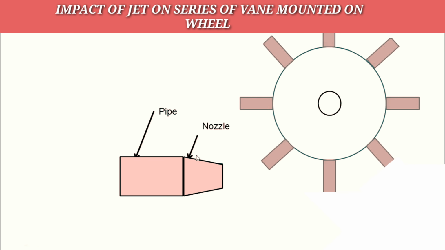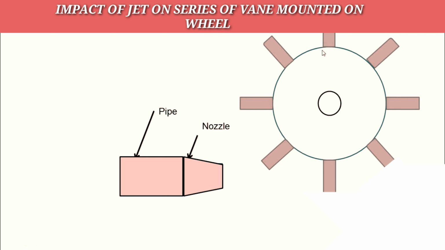Consider a pipe to which a nozzle of diameter d is fitted. A jet of water coming out of this nozzle strikes the plate which is mounted on wheel. You can see here number of vanes are mounted on the wheel.